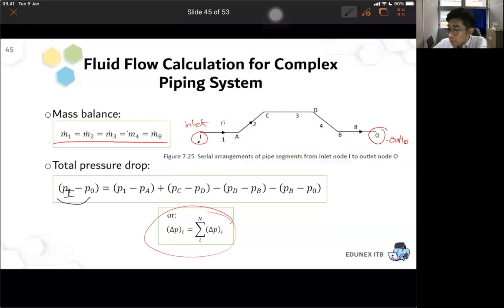So this will be Pi minus Pa, plus Pa minus Pc, plus Pc minus Pd, plus Pd minus Pb, plus Pb minus Po.